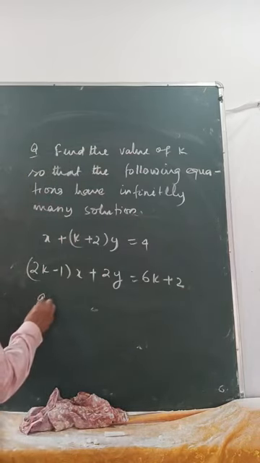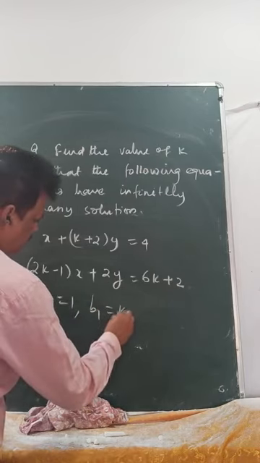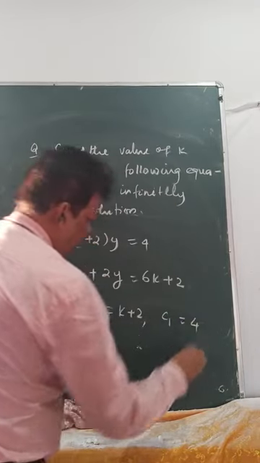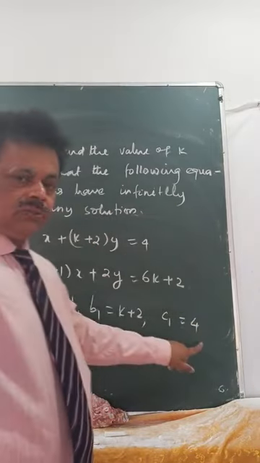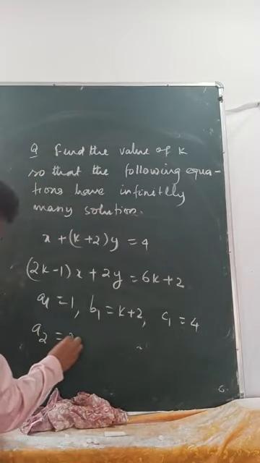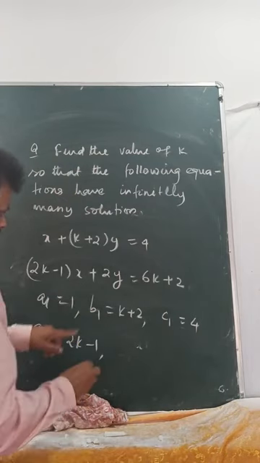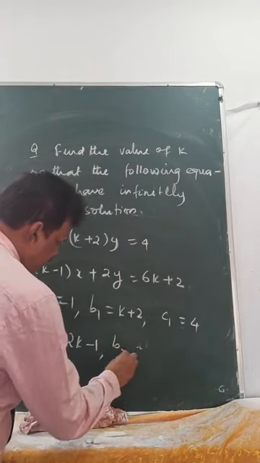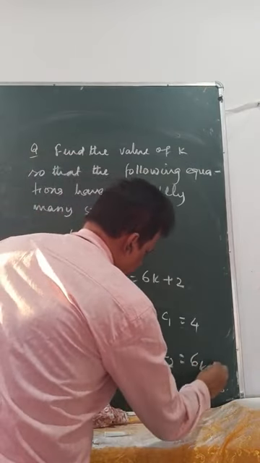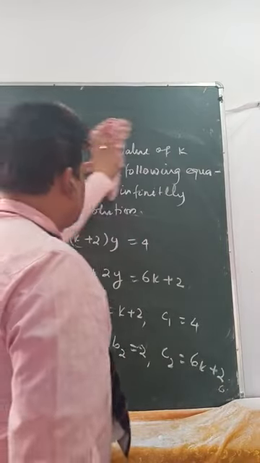Okay, write down. A1 is 1, B1 is k + 2, C1 equals 4. A2 is 2k - 1, B2 is 2, C2 is 6k + 2.